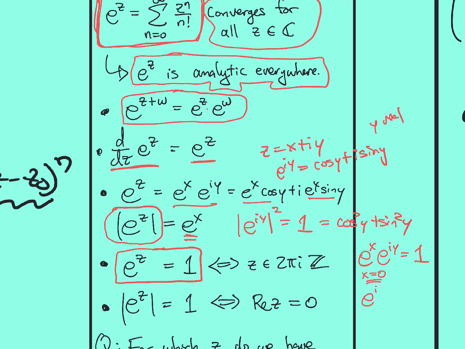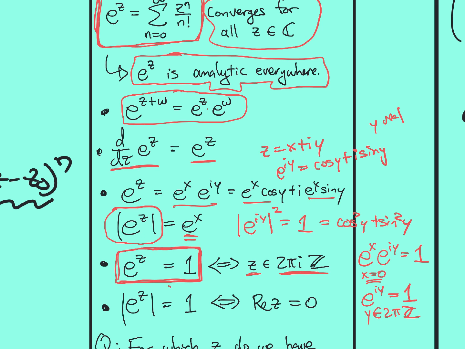And then we have to figure out when e to the iy is equal to 1. We look at the trig functions here, and we see that it's only when y is a multiple of 2 pi. So that's equivalent to saying that z is a multiple of 2 pi i. So these are exactly the solutions of e to the z equals 1.